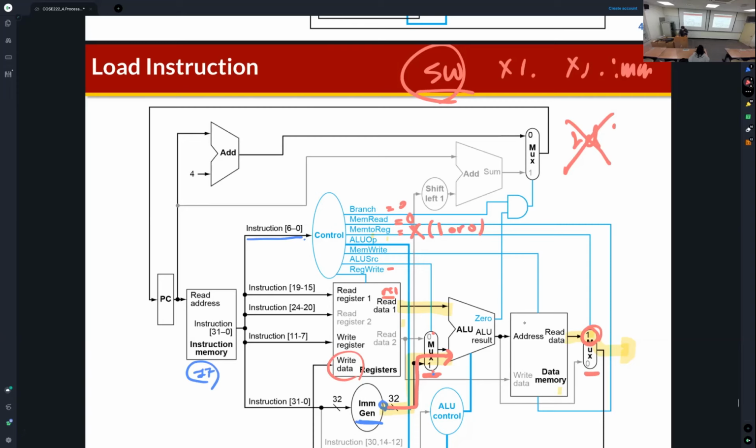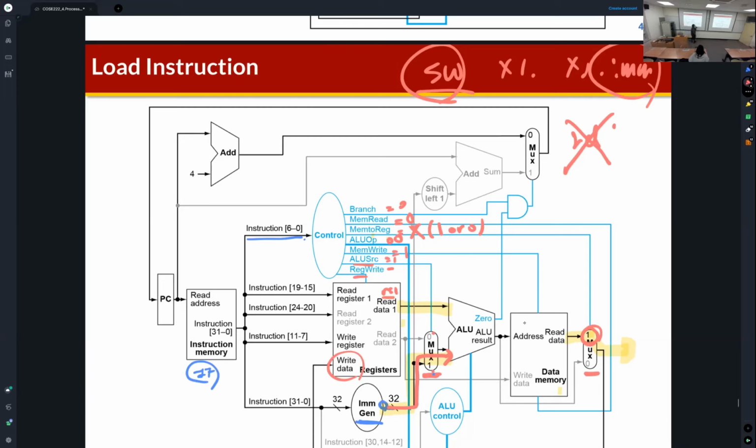And then ALUOp is 00 because this is a memory instruction. How about mem write? Mem write is 1 because the data is stored to the data memory for the store instruction. And then ALU source is also 1 because we need to use the immediate data. Right?